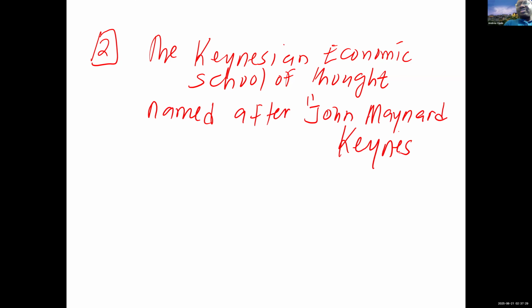John Maynard Keynes wrote a popular book after the Great Depression. His book was criticizing the traditional classical theory that we just talked about, the self-correcting approach, saying that we should not wait for the economy to self-correct itself because the pain from a recession is too much. It takes so long for the economy to self-correct itself. So we need government to come and intervene temporarily.